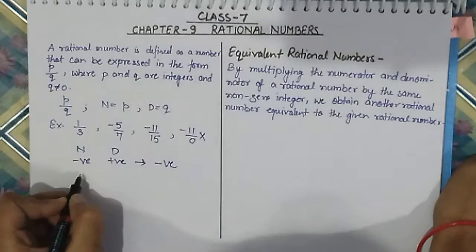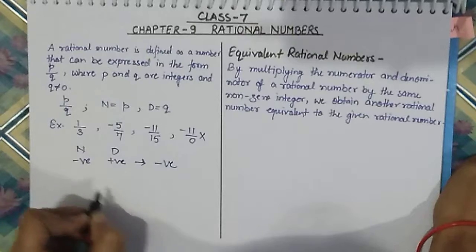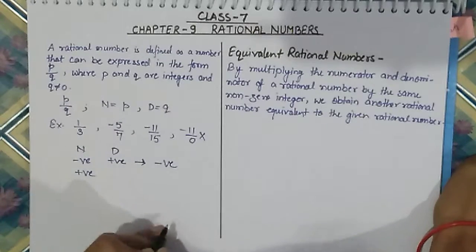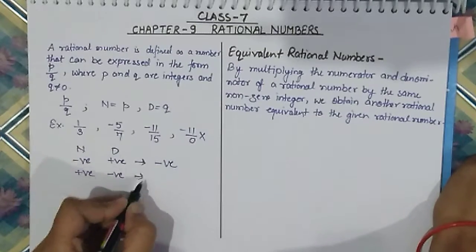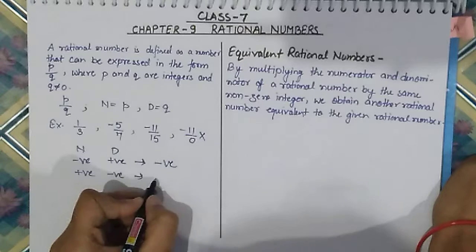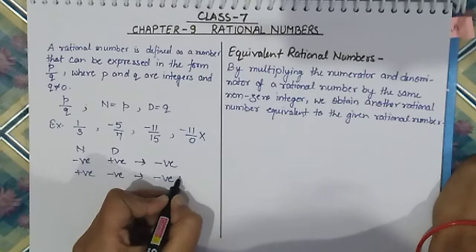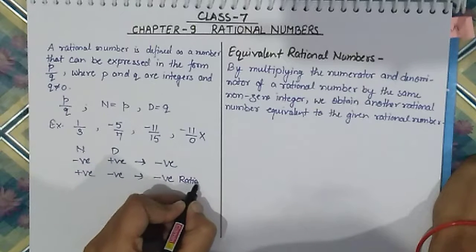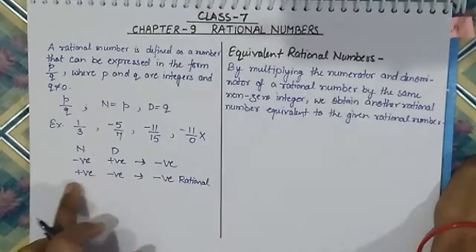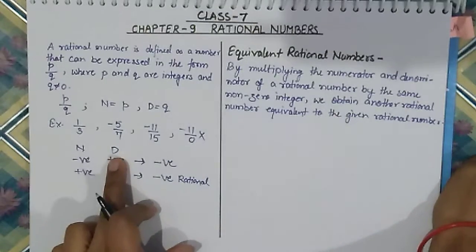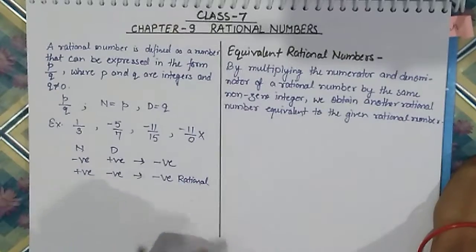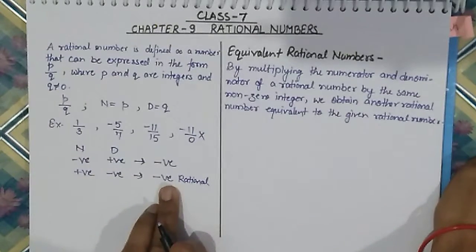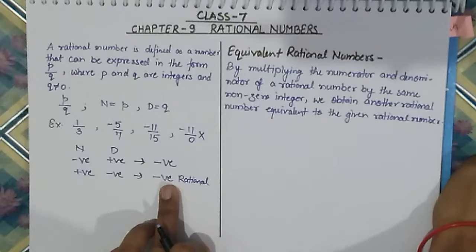Similarly, if the numerator is a positive integer and the denominator is a negative integer, then the number made by them is also a negative rational number. In short, if one of numerator and denominator is negative and the other is positive, the number is a negative rational number.